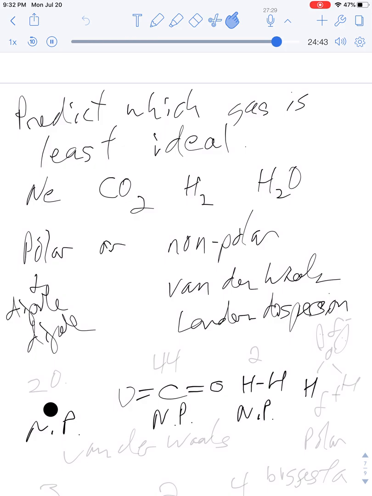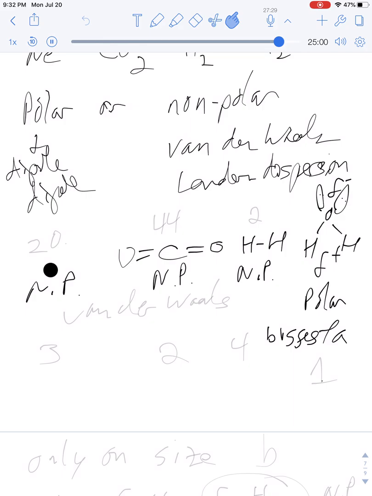The only one that's asymmetrical is water. There are 2 lone pairs of electrons there, so it's got a partial negative and partial positive. Because this thing is polar, it's going to have dipole-dipole forces. So this is going to have the biggest a value, the most attractive a value. So you always look to see who's polar first. So we're going to rank water as number 1.